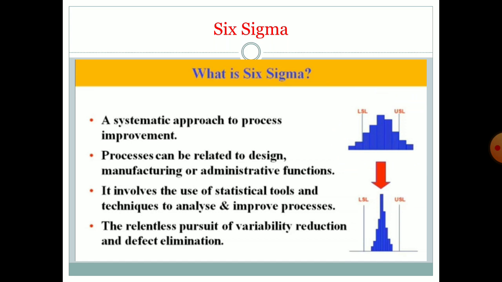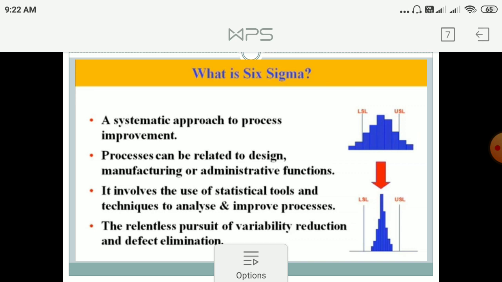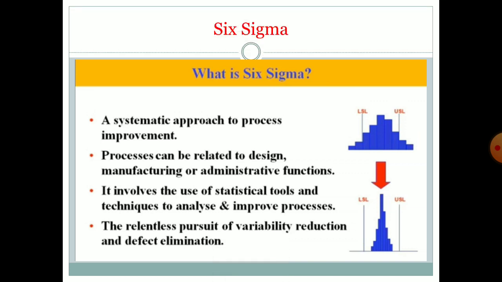So we have to maintain this process controlled within the upper limit and lower limit. For that, Six Sigma is a method to keep the process within this lower and upper limit. It is basically related to design, manufacture, and administration functions.